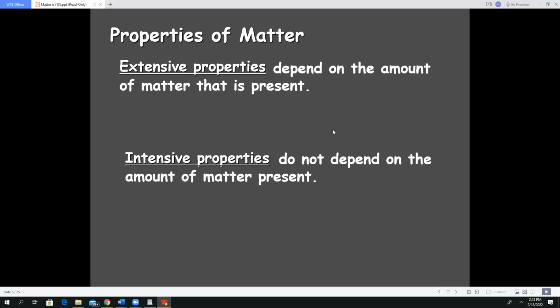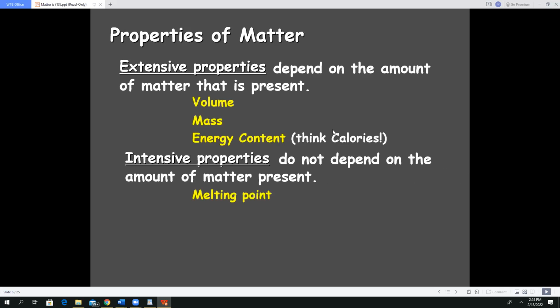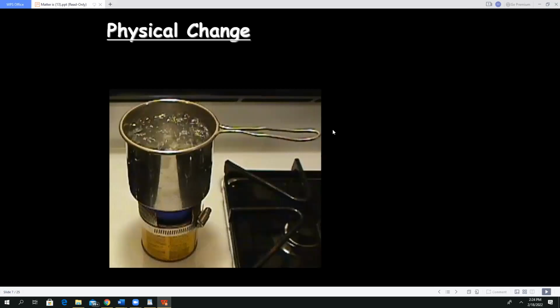Intensive properties don't depend on the amount, like melting point, boiling point, or density even, because your ratio of mass to volume remains the same. And that is why it's known as a property. Here's some examples. And here are some examples of intensive properties.